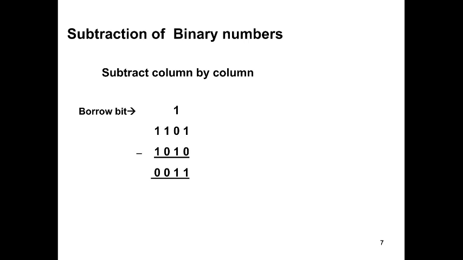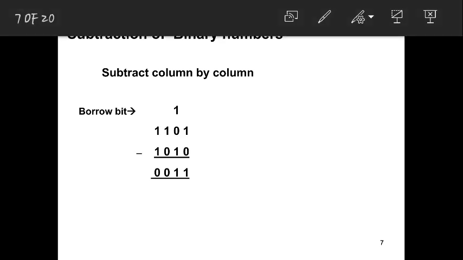See, subtract column by column. In this, here this is 1 minus 0. 1 minus 0 means the result is 1. Okay, this is fine. Next, 0 minus 1. So can you subtract 0 minus 1? No. So whenever you get 0 minus 1, you borrow from here. This 1 will become 0 here, and that 1 you will borrow here.